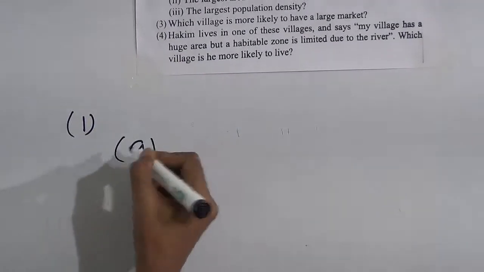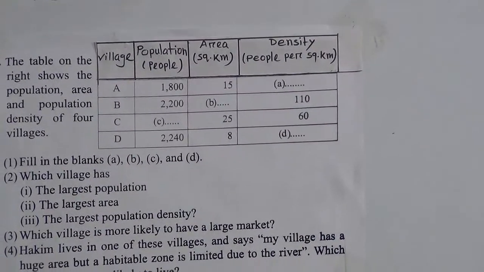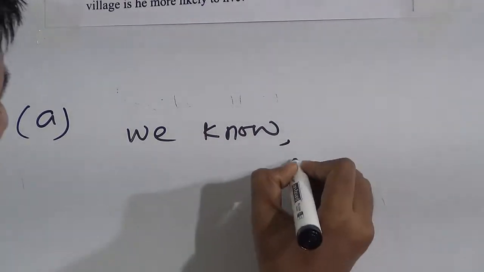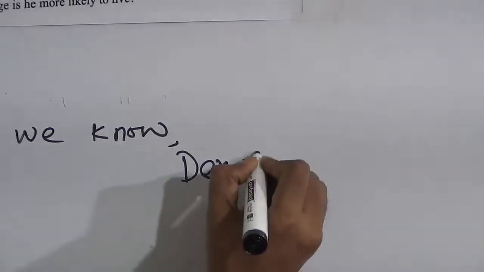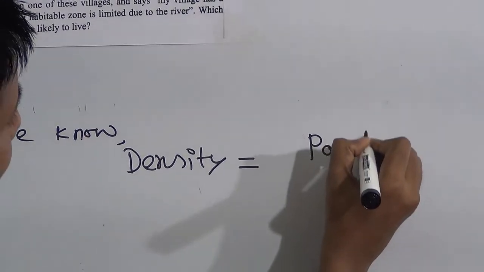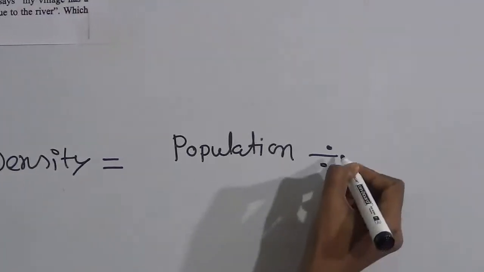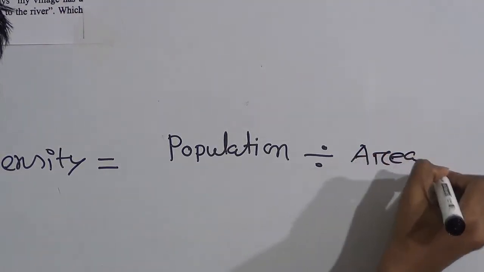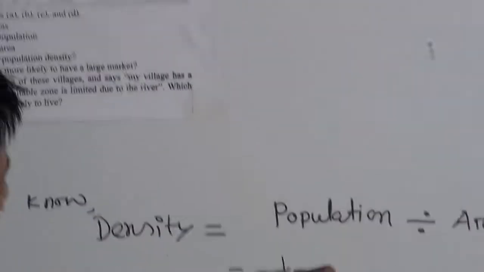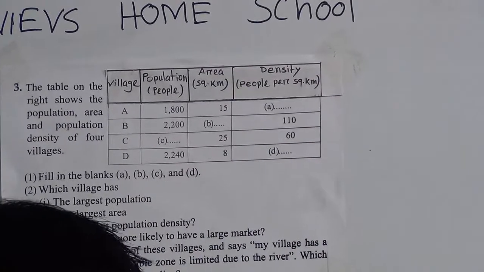We know population density equals population divided by area. You see the population is 1800 right here, and the area is 15.